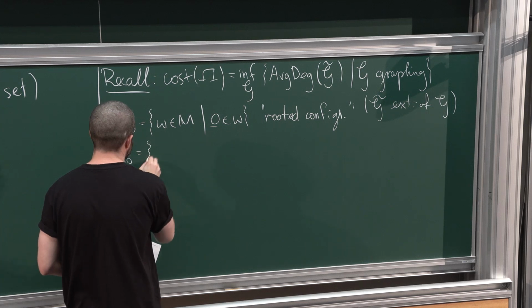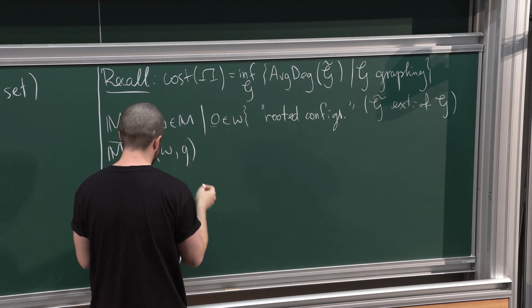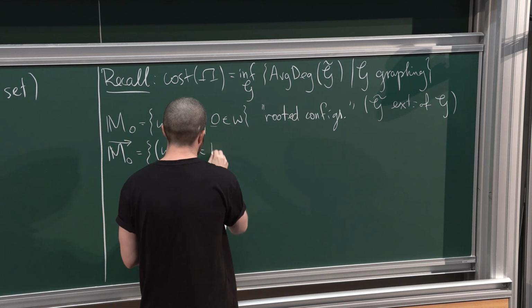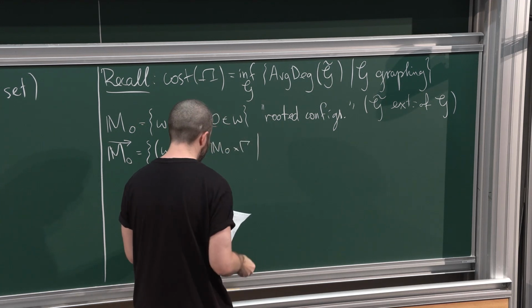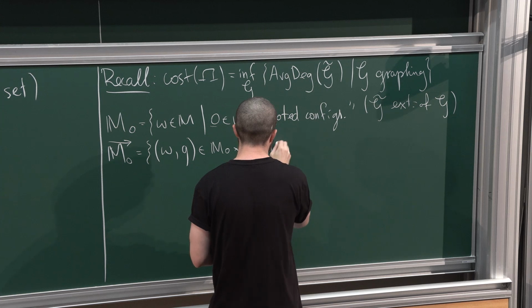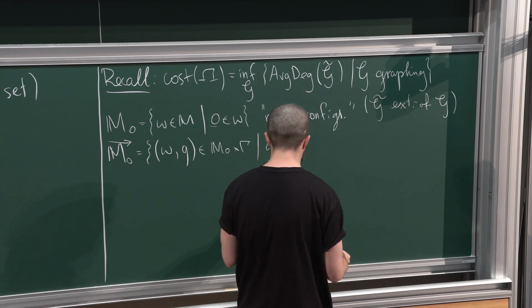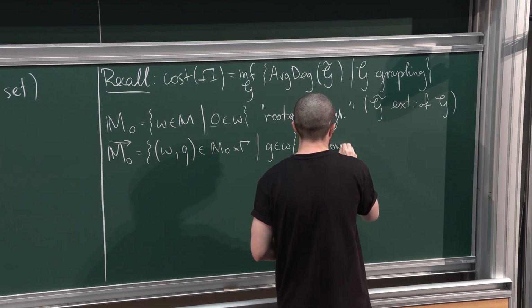This consists of pairs of a rooted configuration and some element in it. Okay, so this is a pair, a rooted configuration, and an element of gamma, such that this element is in the rooted configuration. Okay, I'll refer to this as the arrow space.